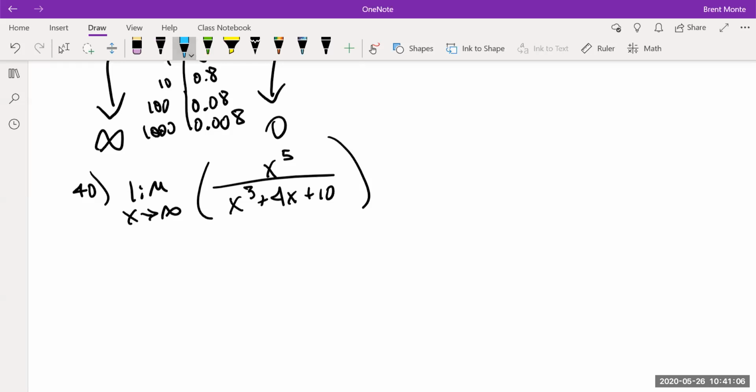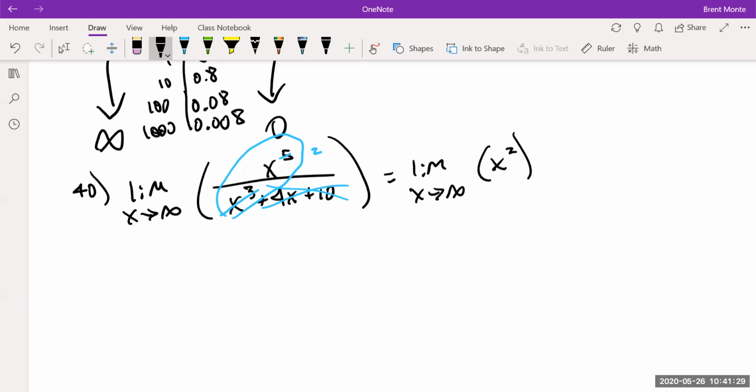Again, let's kind of shortcut this a little. The stuff that's not the highest power doesn't matter. If I look at x to the 5th over x to the 3rd, 3 of these cancel 3 of these, I just get an x squared. So really my problem is the limit as x approaches infinity of x squared.